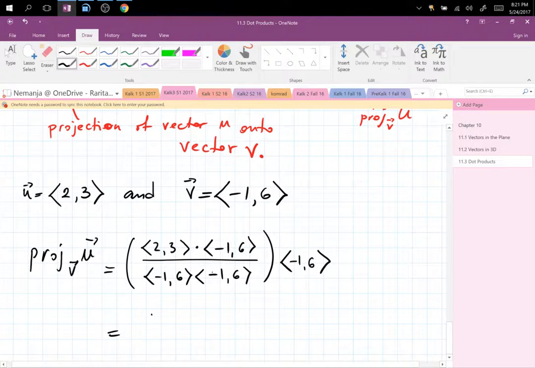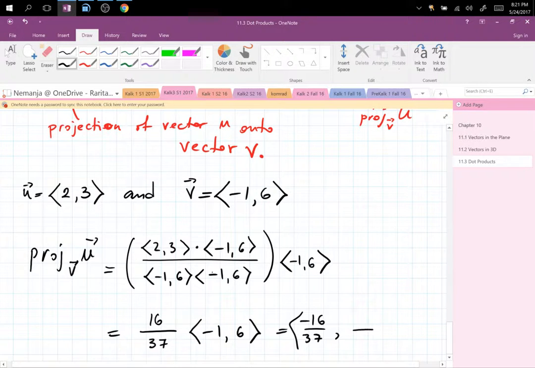So it's 16 divided by 37, times -1, 6 to get -16 over 37. And 6 times 16 is 96. So do we all have -16 over 37 and 96 over 37 for the first one?